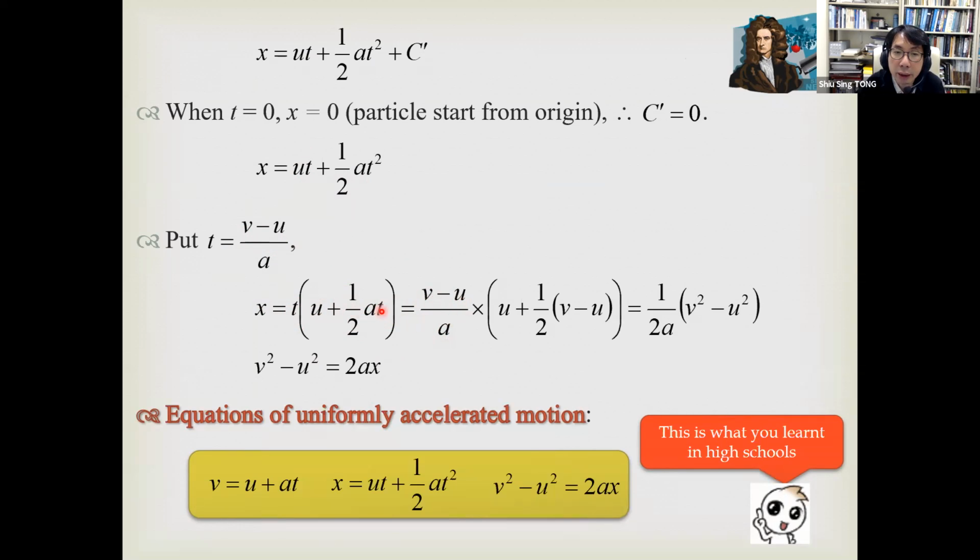I also replace the t inside the bracket by v over a minus u over a, and the a cancels with this. After some algebraic manipulation, I find that this bracket is equal to v plus u. So v plus u multiplied by v minus u is v squared minus u squared, and I divide by 2a. Rearranging, we get v squared minus u squared equal to 2ax. And this is, of course, another equation of uniform accelerated motion. These three equations are the motion equations you learned in high school.